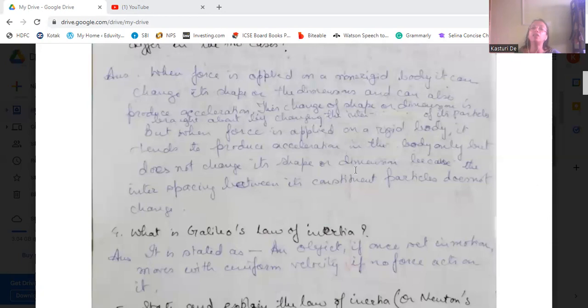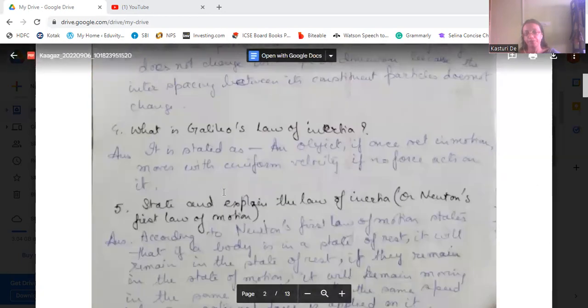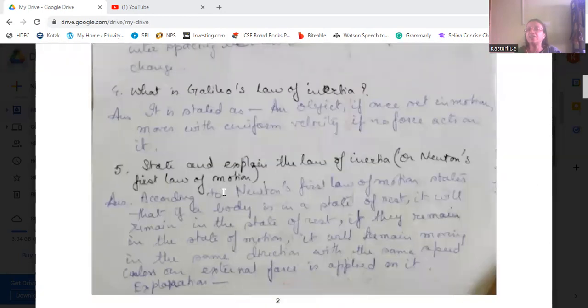Now, what is Galileo's law of inertia? Galileo's law of inertia states that if an object is once set in motion, it moves with uniform velocity until no force acts on it.